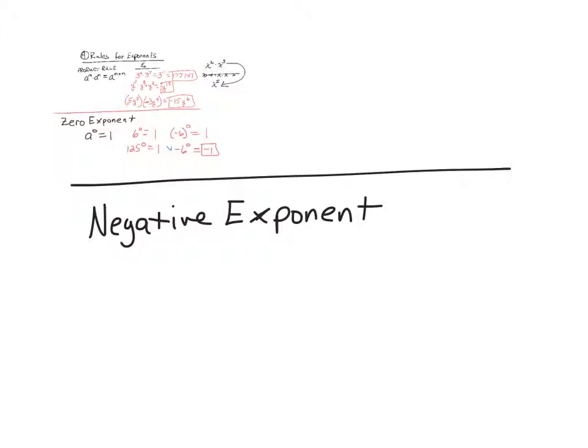So in a moment we're going to look at an example of how we would handle 2 to the -3 power.